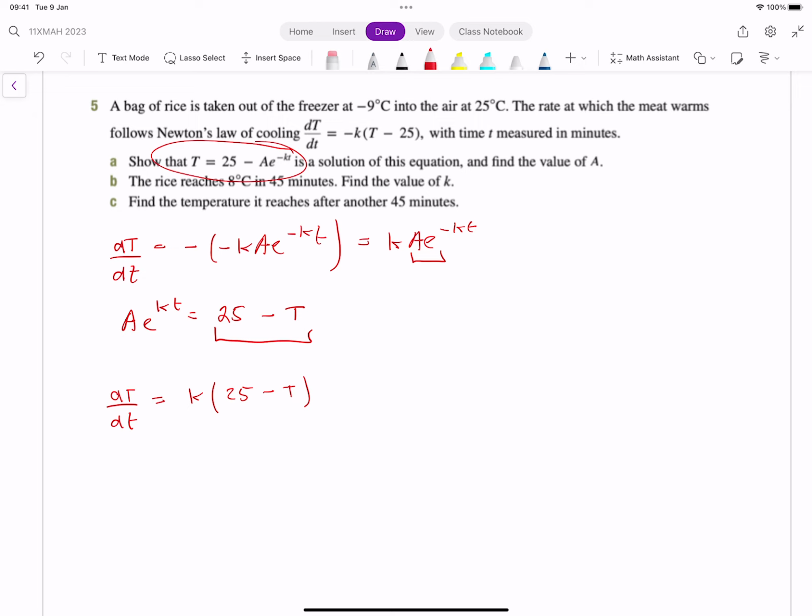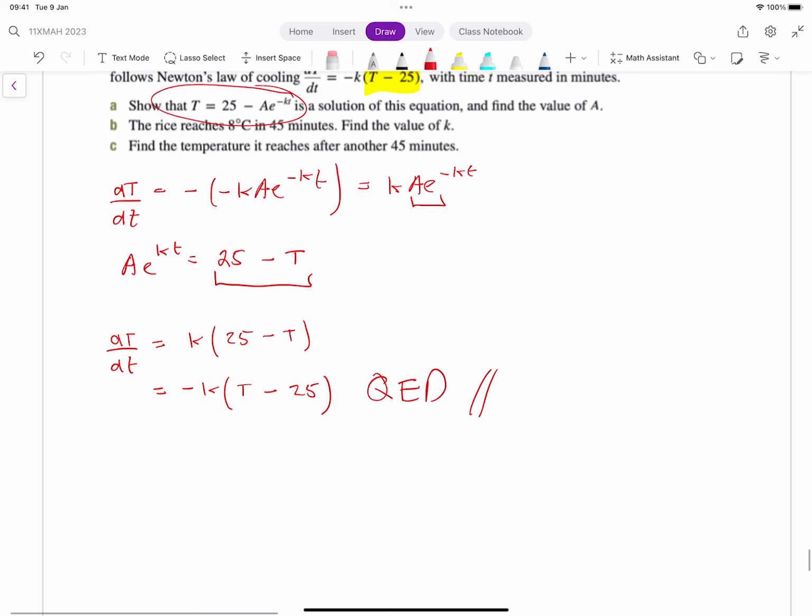Now we're almost there, but you might notice we have to prove that this is kind of opposite, and we've got a minus k out the front. We're not going to stress though. If you take out a minus there, your 25 is going to become minus. Your T will have two negatives, becomes a positive, so we're done. Too easy. Part B. Oh no, we're going to find the value of A, pardon me.